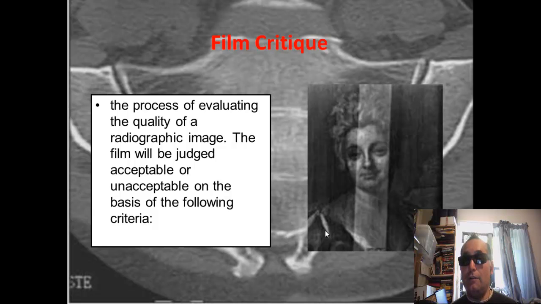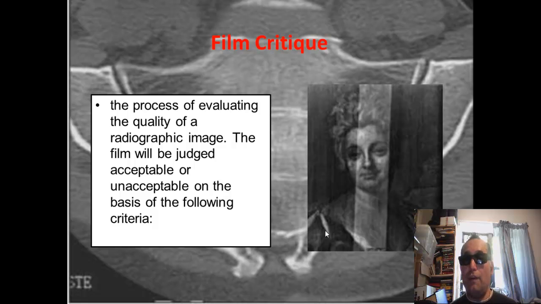This will provide more radiation to the patient, and it's more time consuming for you as the technologist and an inconvenience to the patient. So film critique in and of itself combines multiple ways to view an image.